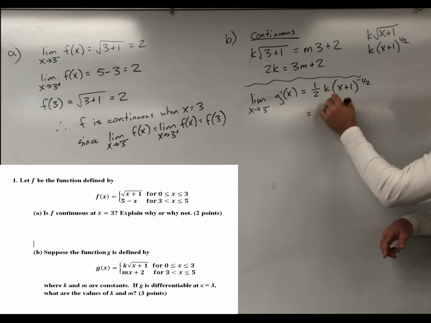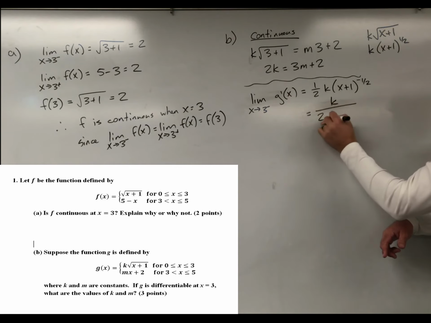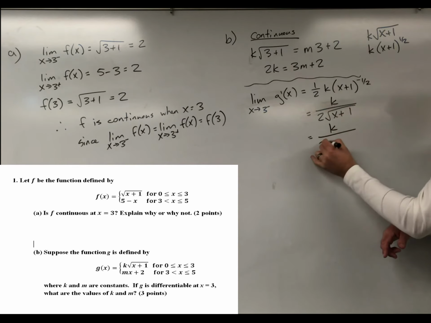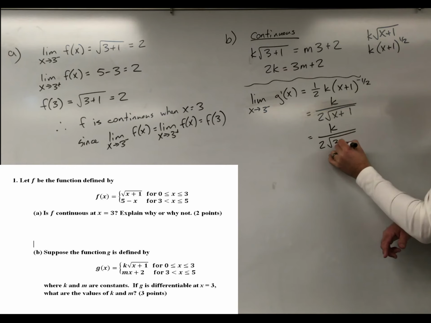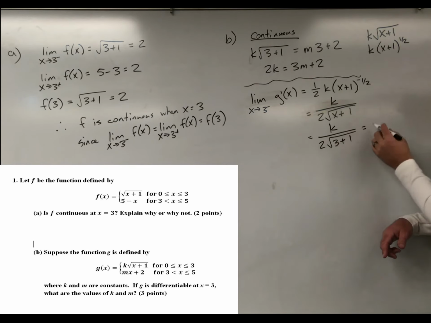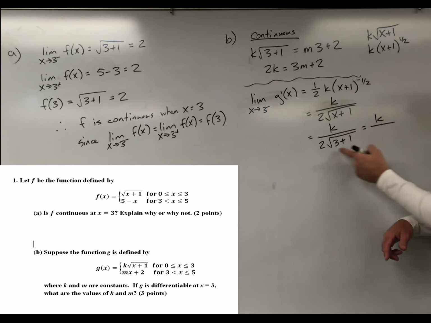This is going to be k over 2 rad x plus 1. And now we'll plug in 3. So k over 2 rad 4, which is k over 4. That is the derivative from the left.